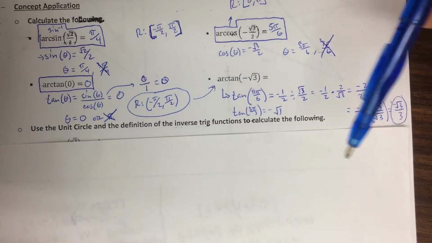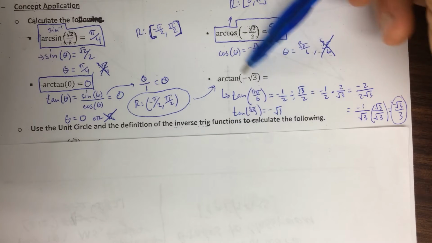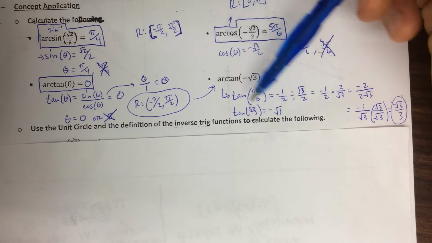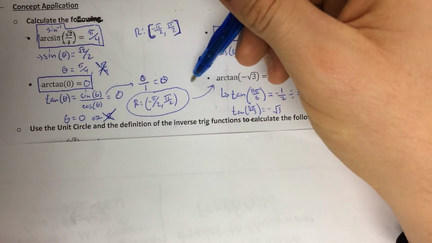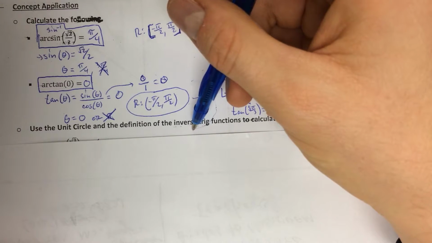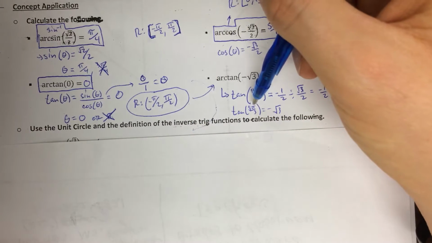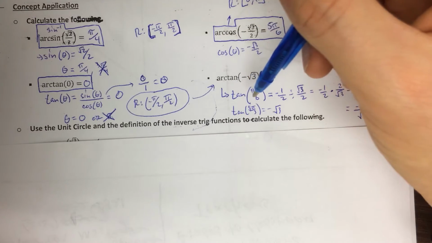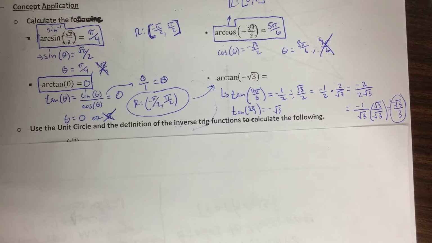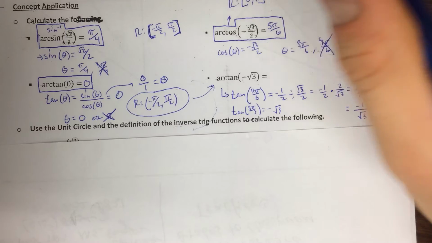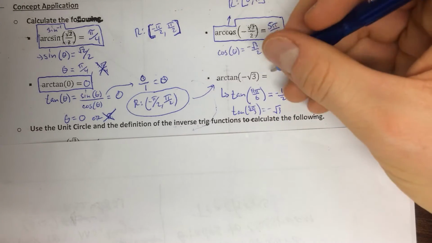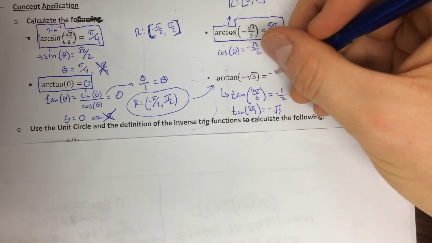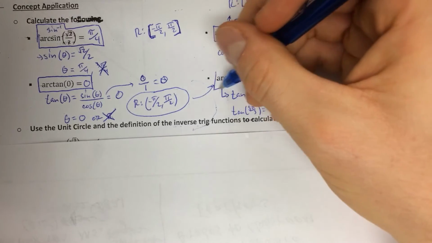If you look at the unit circle, if you're at 0, you go positive pi over 3, negative pi over 3 would end up at 5 pi over 3. Those are coterminal, 5 pi over 3 and negative pi over 3. And so arc tangent of negative square root of 3 is negative pi over 3.